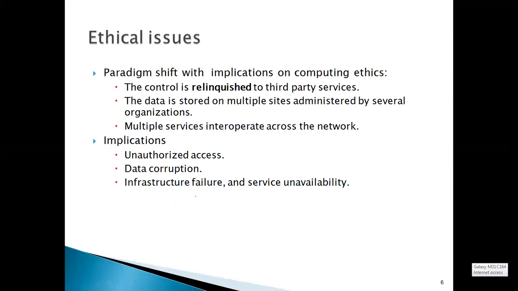Move on to next. The next topic, that is ethical issues. So coming to the ethical issues in cloud computing, there is a term, paradigm shift. The paradigm shift with profound implications for computing ethics.